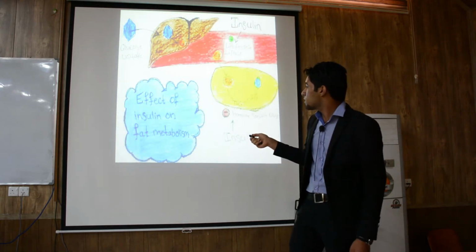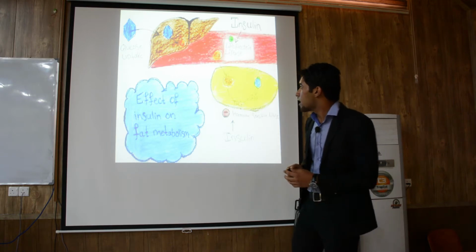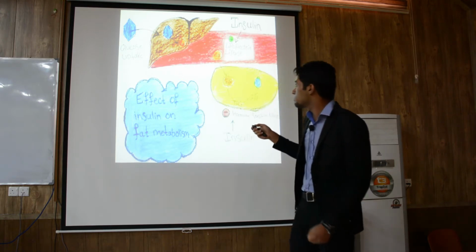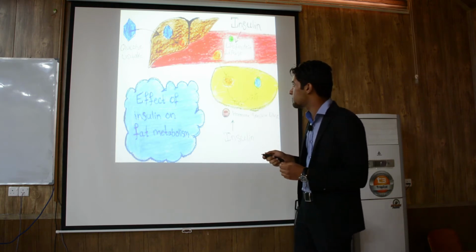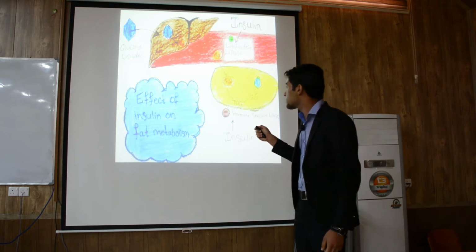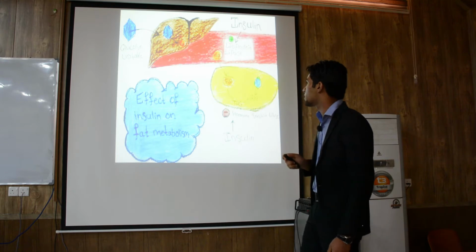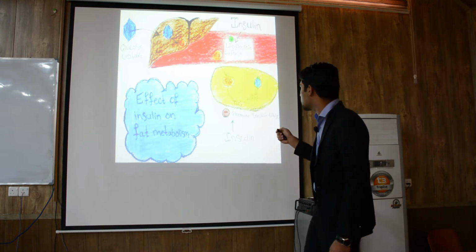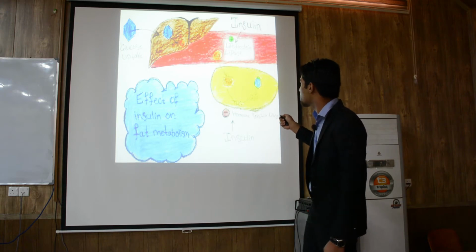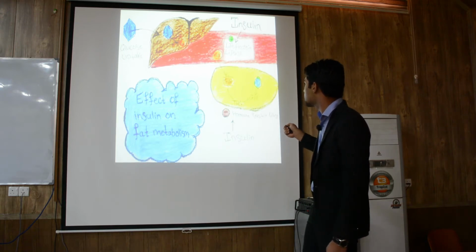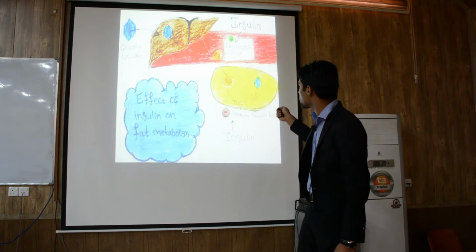Now let's see the effect of insulin on fat metabolism. As I said previously, insulin will increase the glucose uptake by the liver by increasing glucose transporter type 2. Here, the glucose will be converted to very low density lipoprotein. This lipoprotein will be released into the bloodstream. Here, the insulin will degrade fatty acid from the lipoprotein and transport it to the adipose tissue by activating lipoprotein lipase.